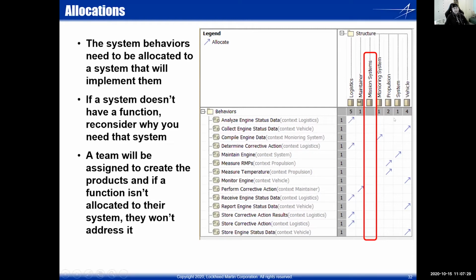But we want to make sure there aren't any gaps in here, and we want to make sure this mapping makes sense. Does it make sense for the logistics system to be the one that analyzes the data? Maybe it makes more sense for the vehicle to do it. Maybe there's a system on your vehicle that's analyzing the engine status data, because I know some of you have cars with a dashboard that says what the status of your engine is.